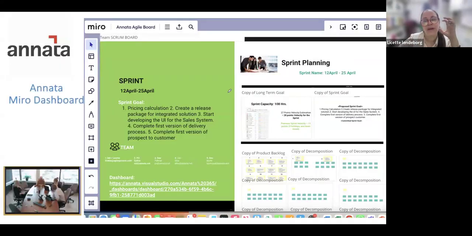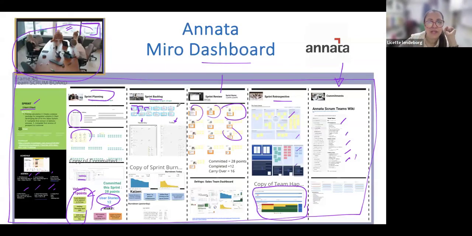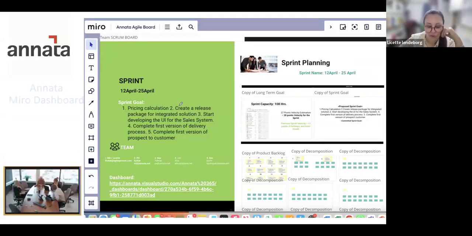I'm going to zoom in. And now you can see better. So in this page, the previous one, it's zoomed out. I'm going to zoom in little by little. For those who are filmmakers, I'm doing a PowerPoint maker. So now sprint planning, the dates of the sprint, so the sprint goal, my team, Aether.